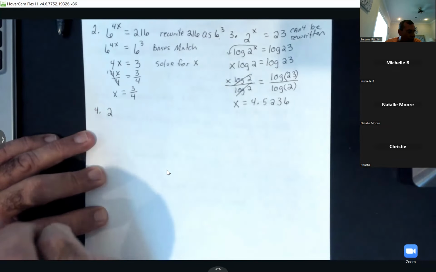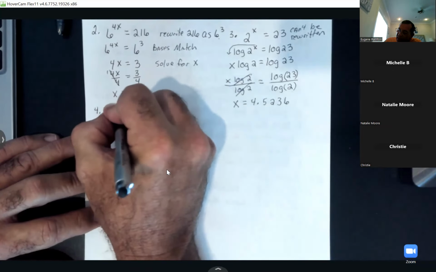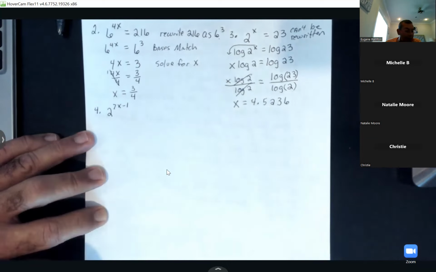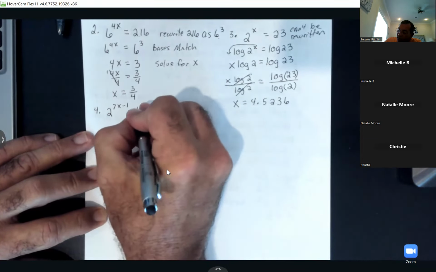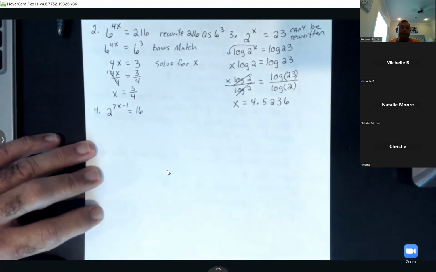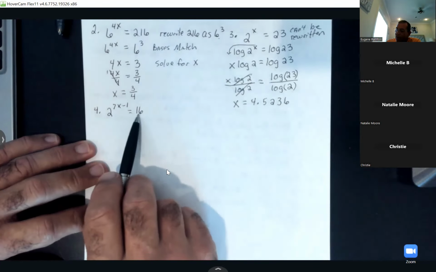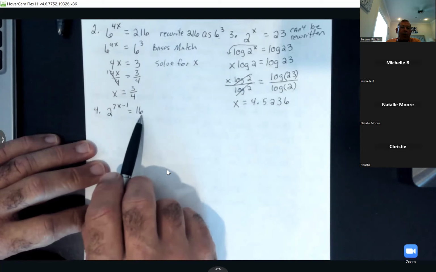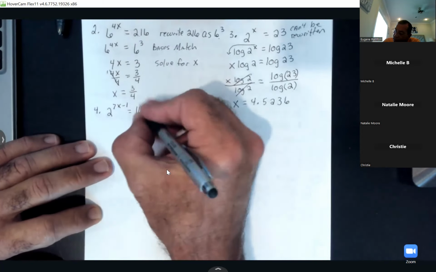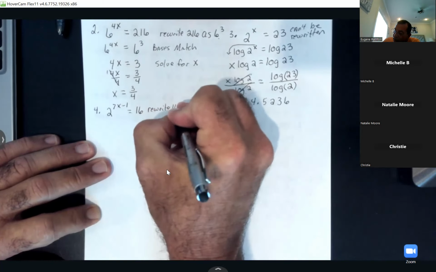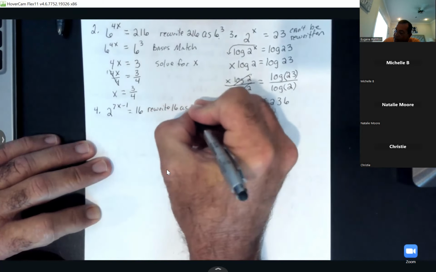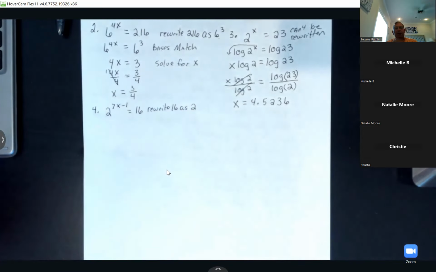All right, y'all, 2 to the 7x minus 1 is going to equal 16. Well, we already know that we can rewrite 16 using 2's. So I'm going to rewrite 16 as 2 to some power.